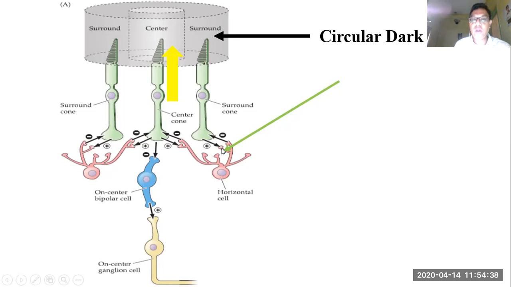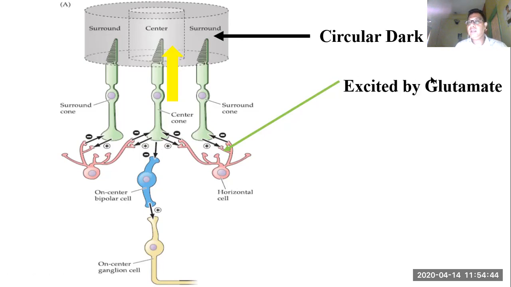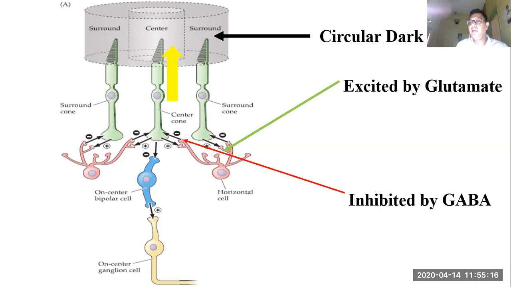So, excitatory glutamate will excite the horizontal cells, and you can see, so the horizontal cells are excited, but horizontal cells output is inhibitory. This cell is depolarized. It excites the horizontal cell, but the horizontal cell output, to cells, even the cell which has excited it, is inhibitory. Inhibitory, and the neurotransmitter is GABA.